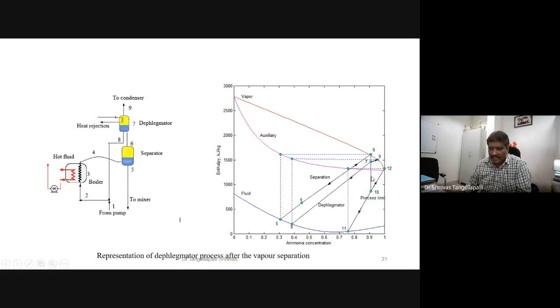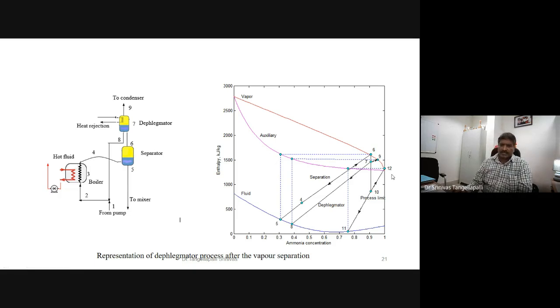So now you may define this process. 6 to 9 is the actual process, and 6 to 12 is the ideal process of this concentration. And coming to the heat transfer or heat rejection, 6 to 7 is the actual heat rejection, and 6 to 10 is the maximum extent of heat rejection to get 100% of this NH3.